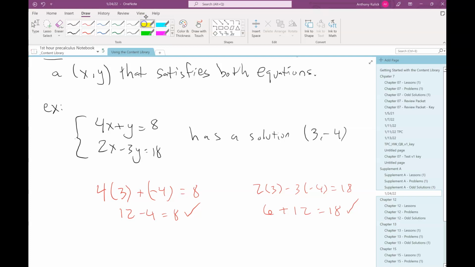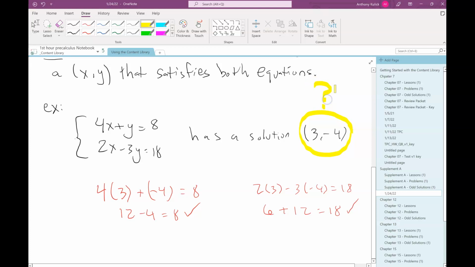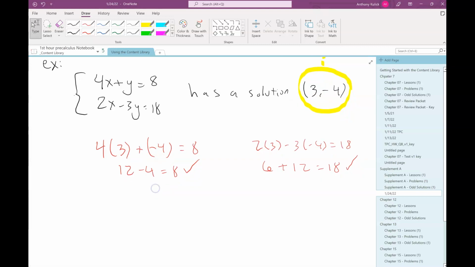Now, the question that probably remains is, okay, I see that 3, -4 is a solution, but how would we find something like that? Well, one answer is to graph this system and look for the intersection.